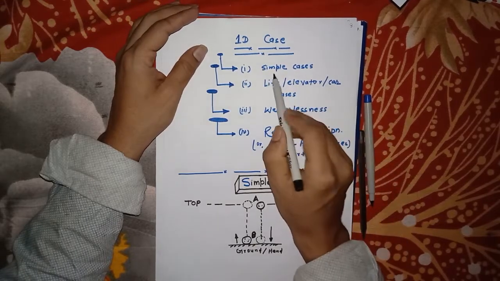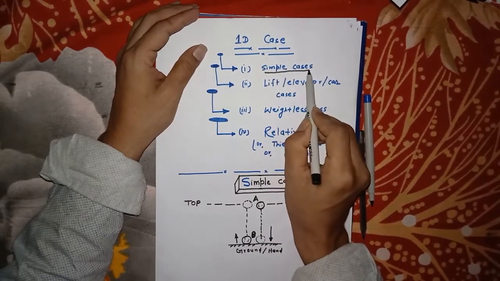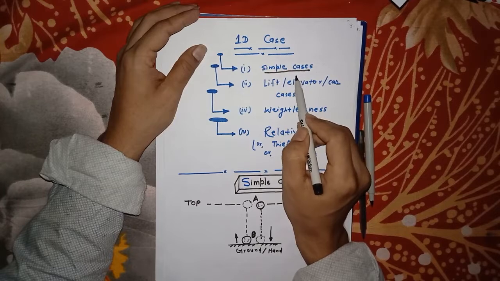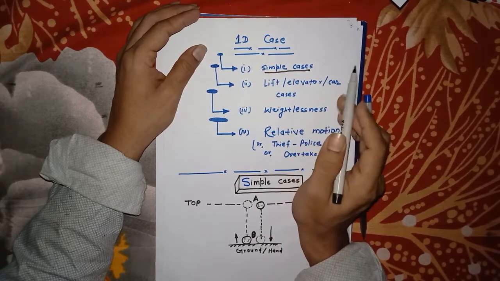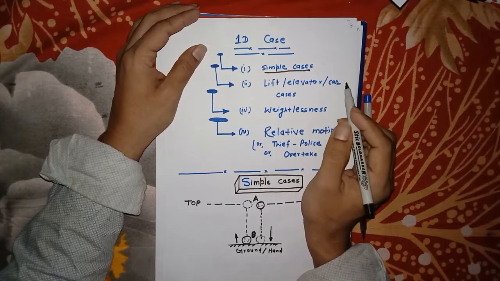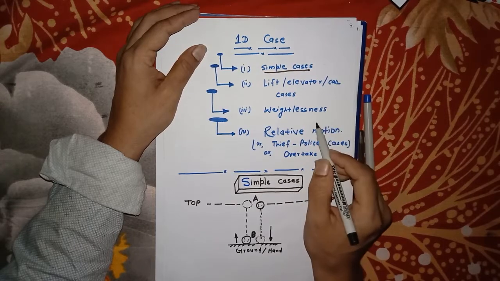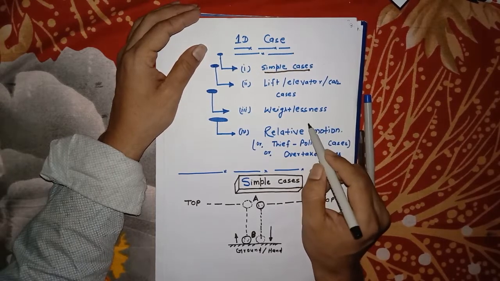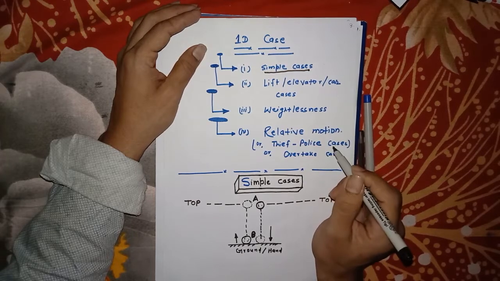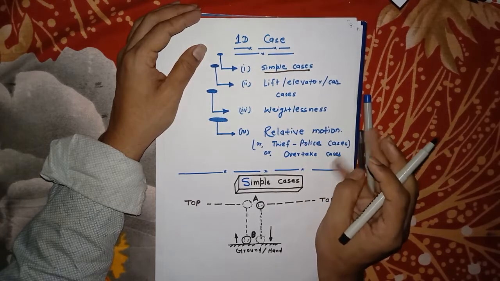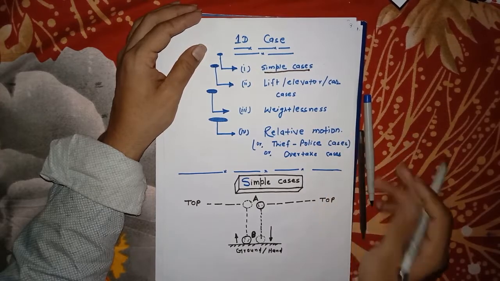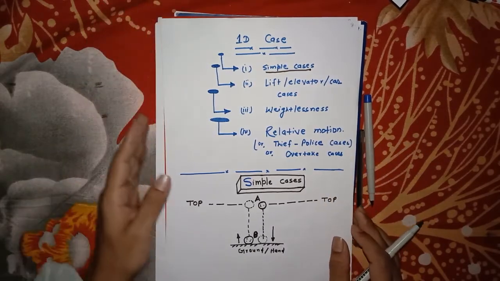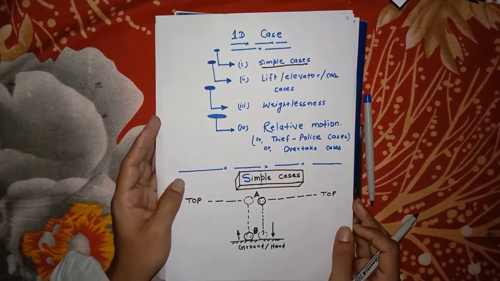We discuss simple cases of projectile motion first, then lift problems, and another is weightlessness, and then relative motion, or thief and police cases, or car racing cases, or overtaking cases. So now I am giving you simple cases.